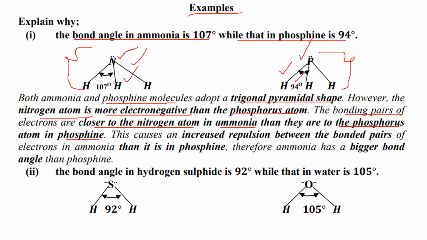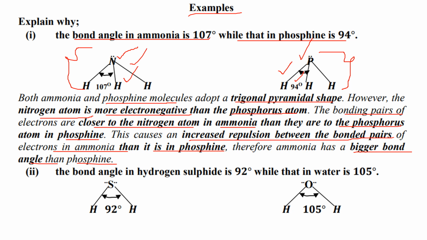This causes an increased repulsion between the bonded pairs of electrons in the ammonia molecule than in the phosphine molecule, and therefore ammonia adopts a bigger bond angle as compared to phosphine.